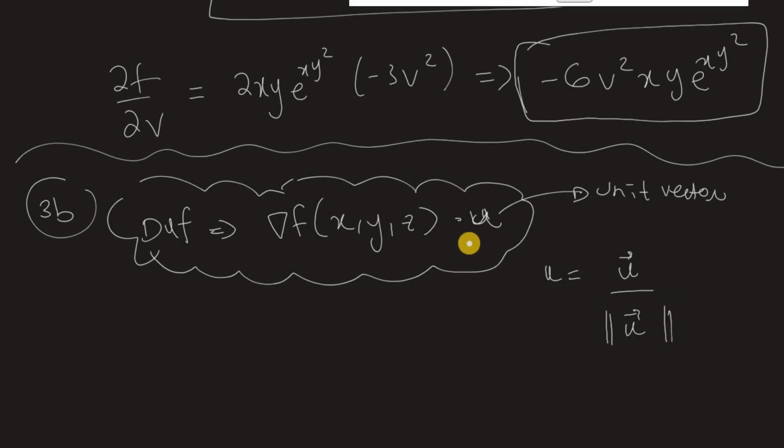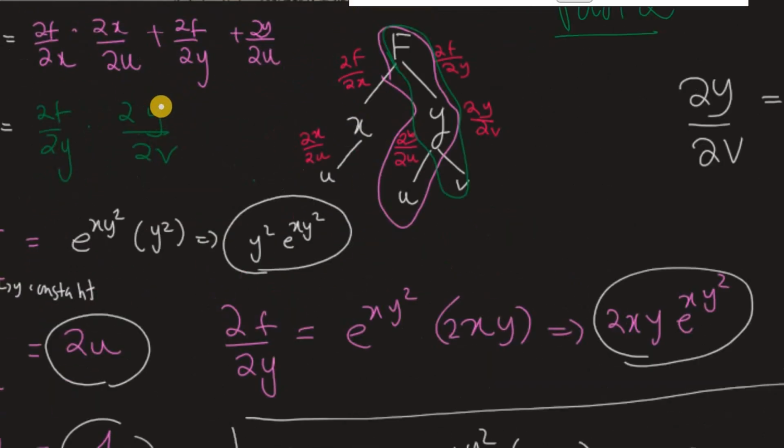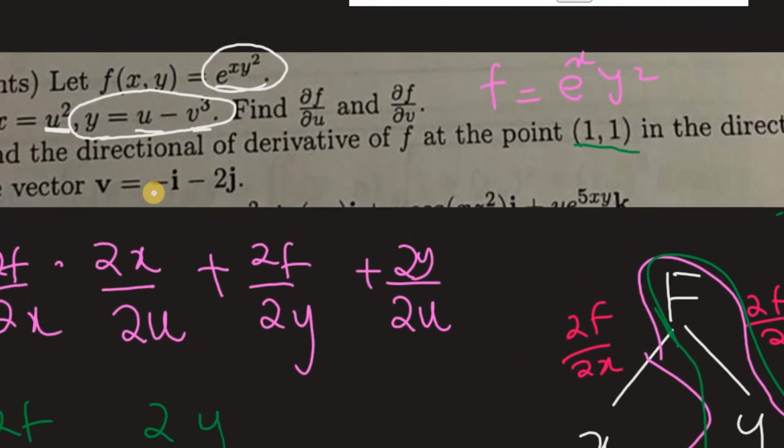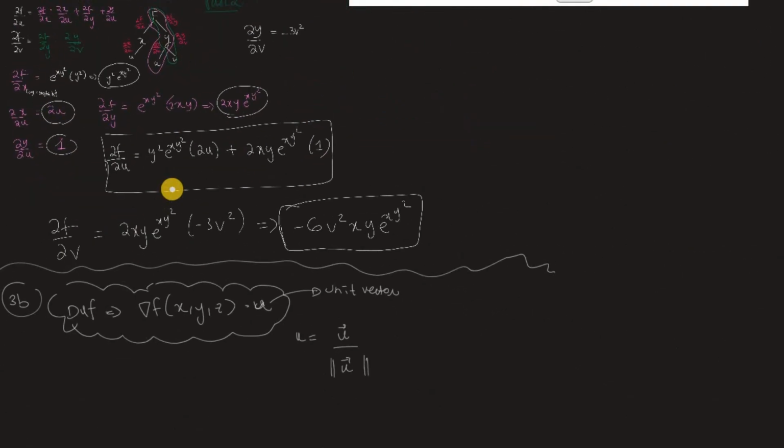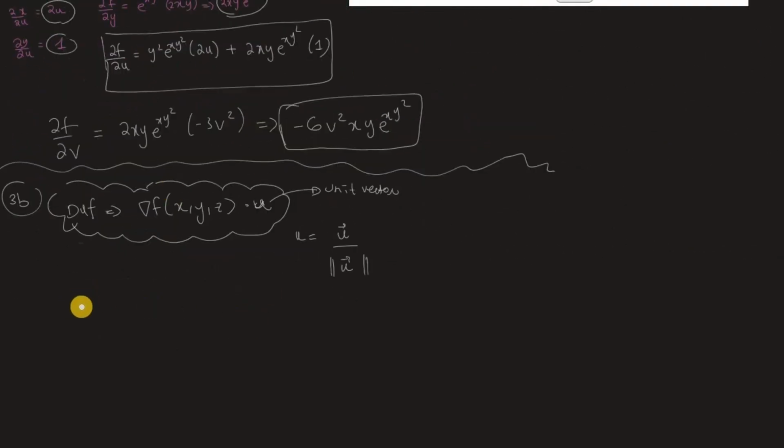Okay, so let's go ahead and calculate the unit vector first. So what is the vector given to us? The vector given to us is -1 i hat, -2 j hat. Okay, so we have the vector as (-1, -2), right?